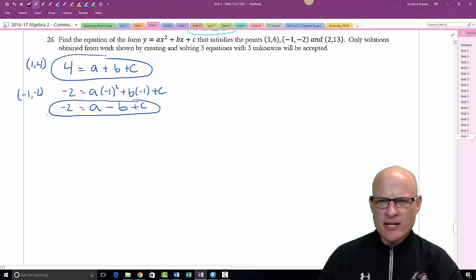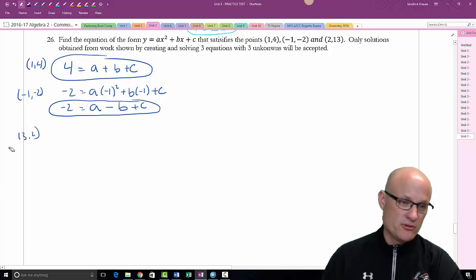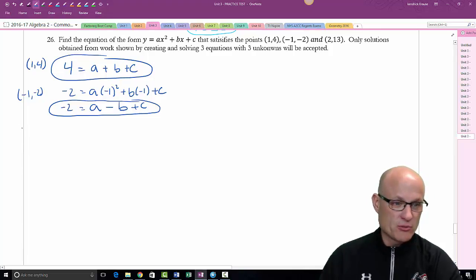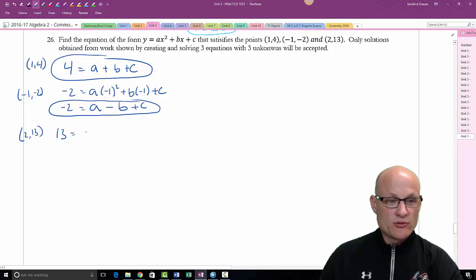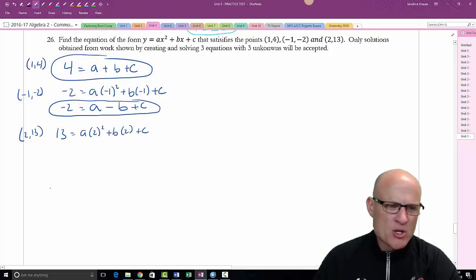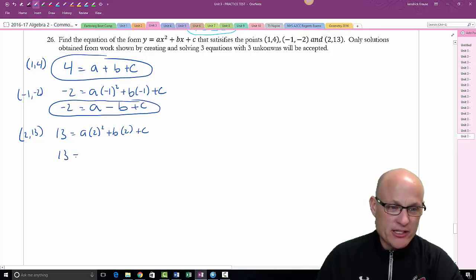And then finally, I'm going to type in 2, 13. Oh, whew. 2, 13. Got that backwards. That was a weird one. So 13 equals a times 2 squared plus b times 2 plus c, which is really just 13 equals 4a plus 2b plus c.